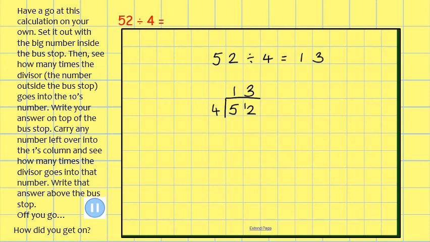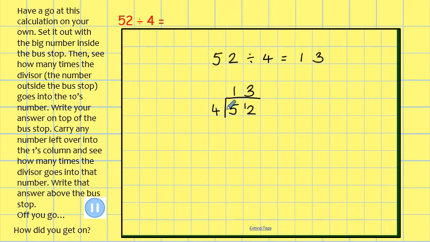There are lots of places where we might have gone wrong. We need to be quite secure in our knowledge and understanding that we're not actually looking at how many 4s there are in 50. This is just a 5. So we're looking at these digits. So the 4 just goes into 5, not into 50.